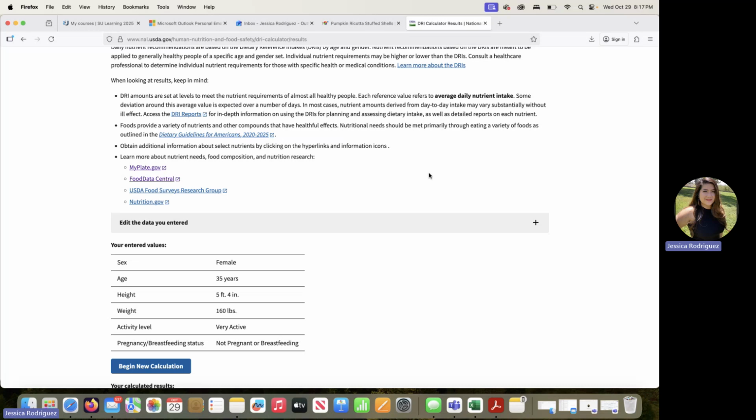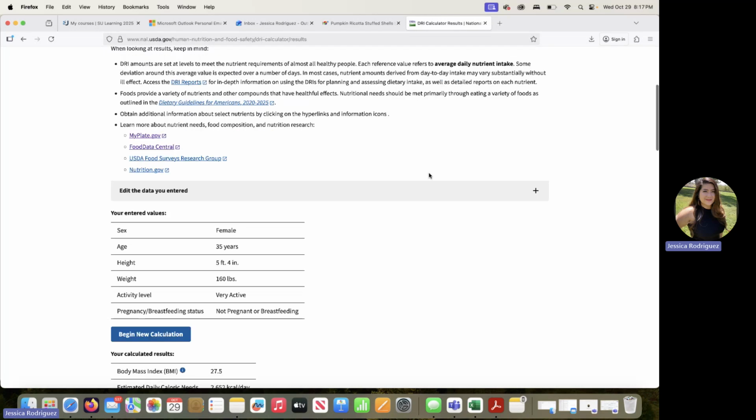Some deviation around the average value is expected over a number of days, and in most cases, nutrient amounts derived from day to day intake may vary, okay, without ill effect. So, foods provide a variety of nutrients and other components that have healthful effects, okay, especially giving you longevity.